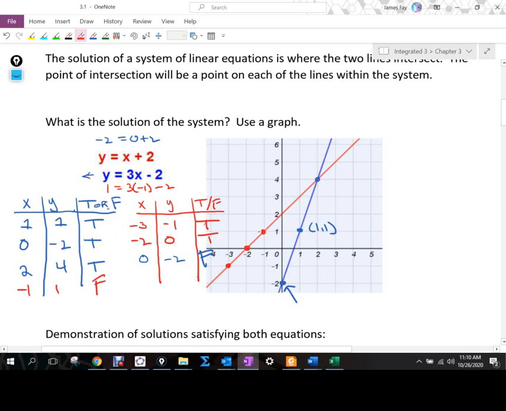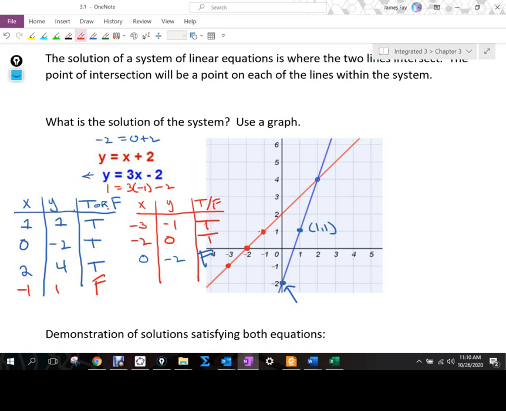Hopefully that demonstration shows that any point I choose off the blue line should plug into the blue equation and give me a true result. Any point I pick off the red line should plug into the red equation and give me a true statement.